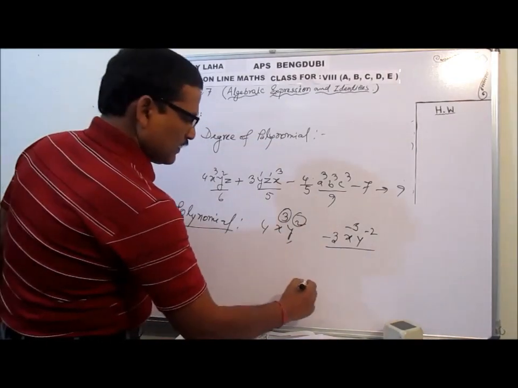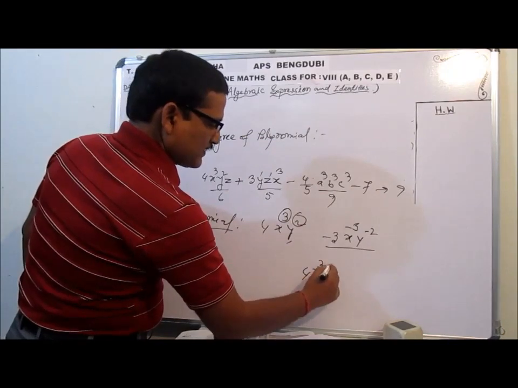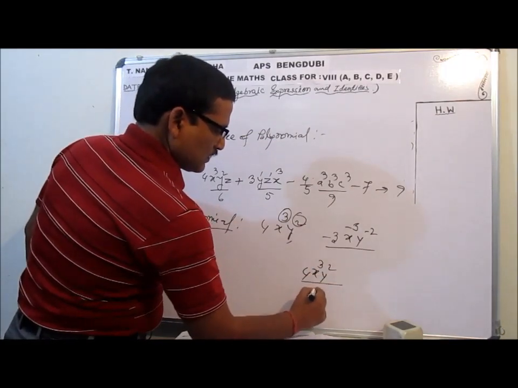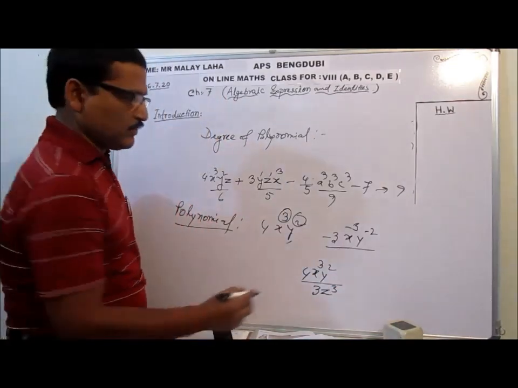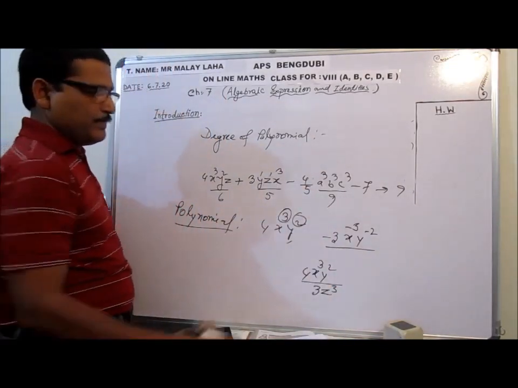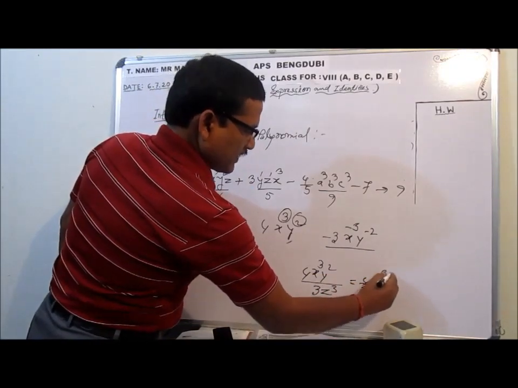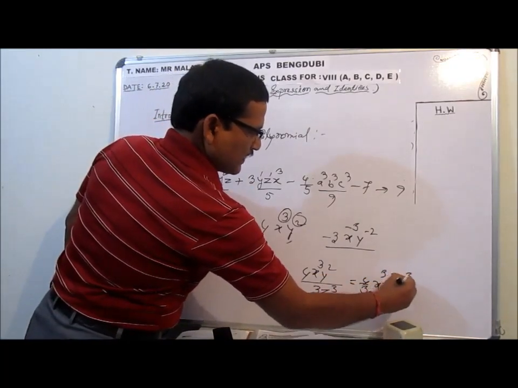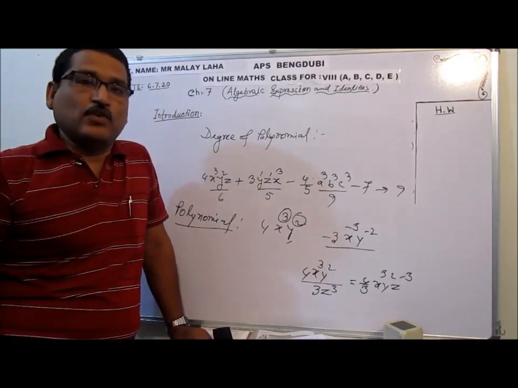Or you can say 4x cube y square by 3z cube is also not a polynomial, because when z comes up, it will be 4 by 3 x cube y square z raised to minus 3. So when any power is negative, that will not be a polynomial.